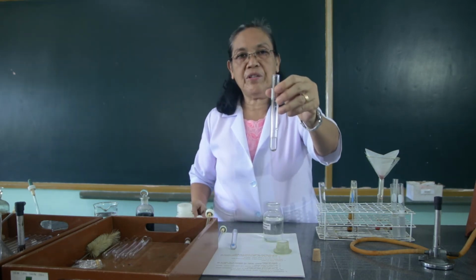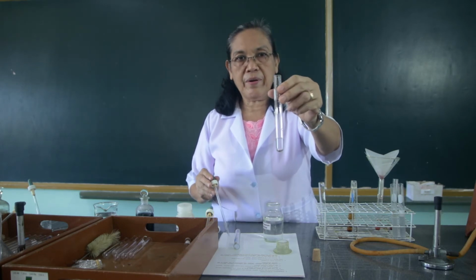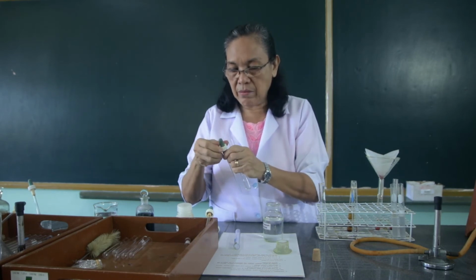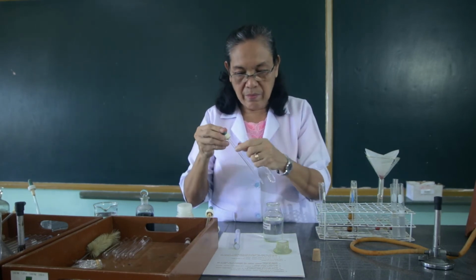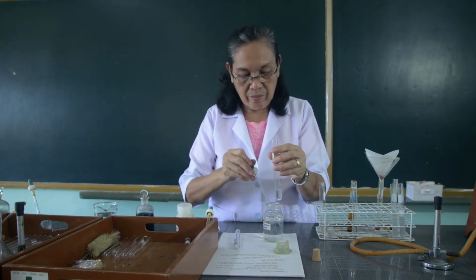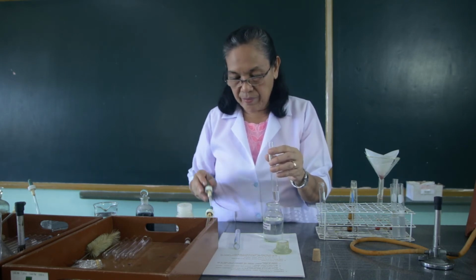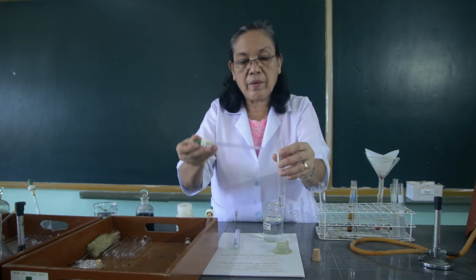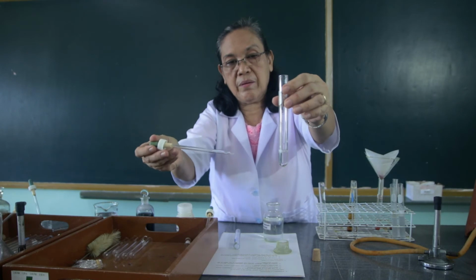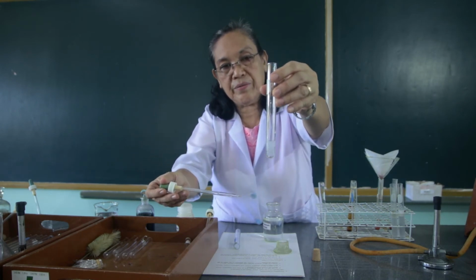To the second test tube containing the arsenic sulfide, we will add here drop by drop the calcium chloride until coagulation occurs. So with just 1 or 2 drops, observe.